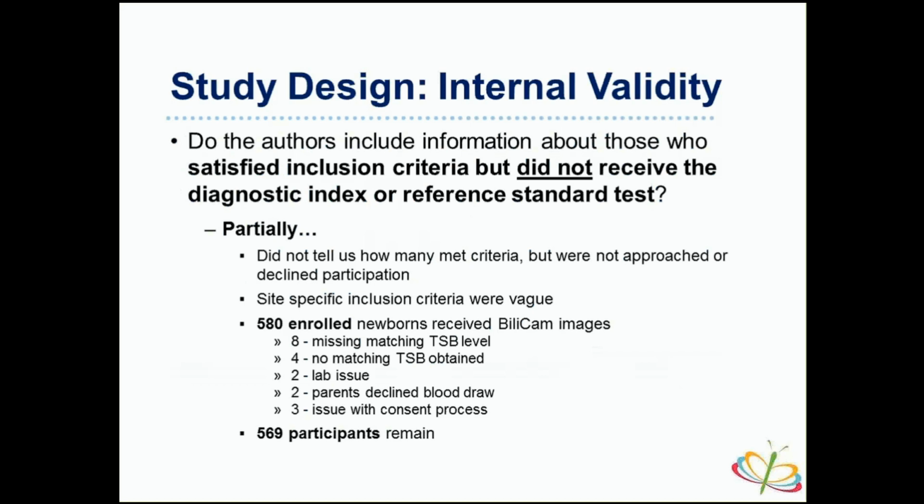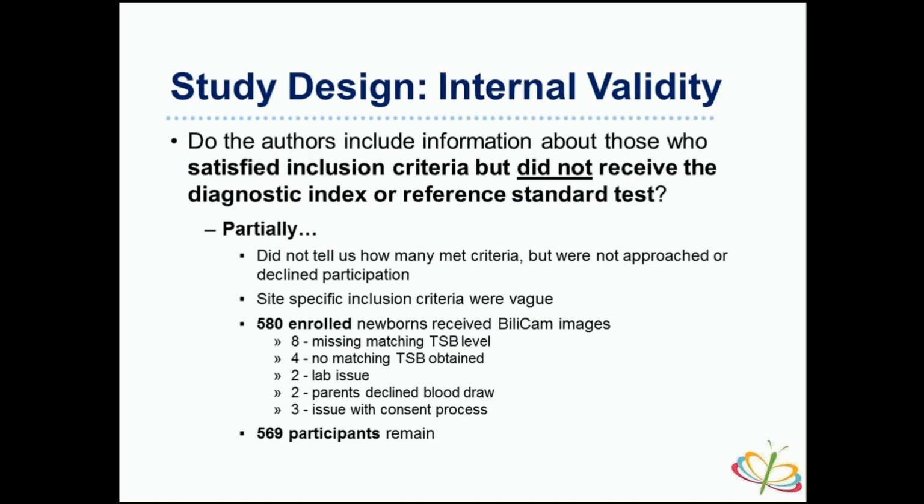This is yes and no. They didn't tell us about those who did satisfy inclusion criteria but weren't approached to partake in the study, or those who declined to partake. They didn't include information about that. Also, as Christine mentioned, the site-specific inclusion criteria were a bit vague.